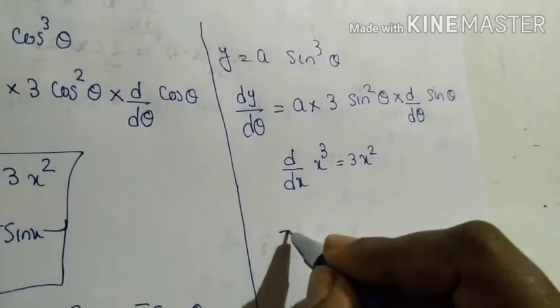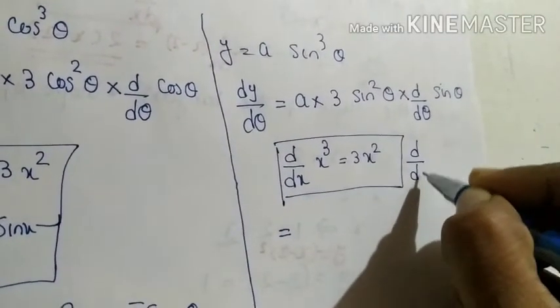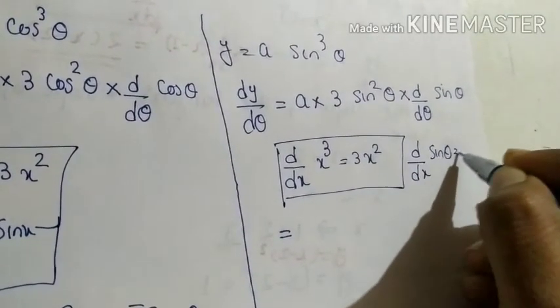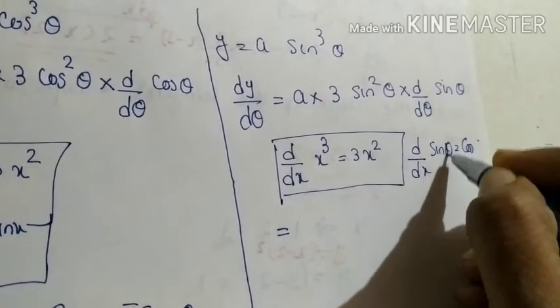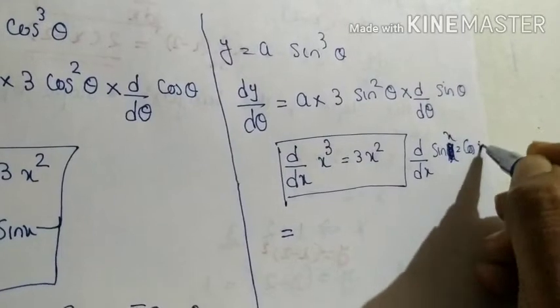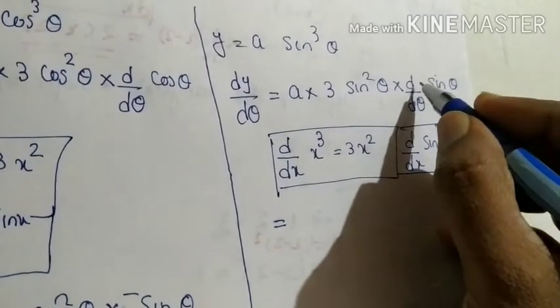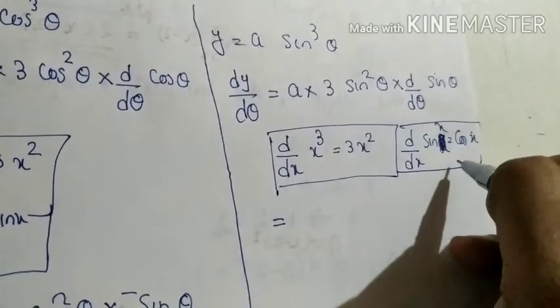By using the chain rule, we need to find the derivative of sine theta. We know that the standard derivative of sine x is cos x. So d by d theta of sine theta will be cos theta.